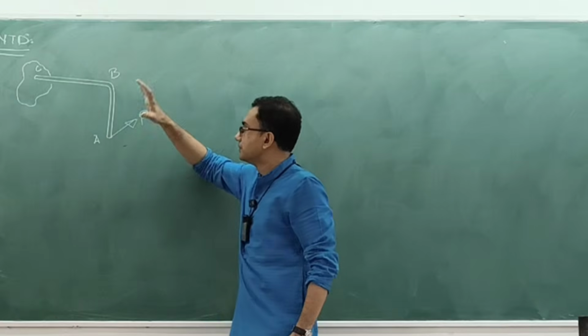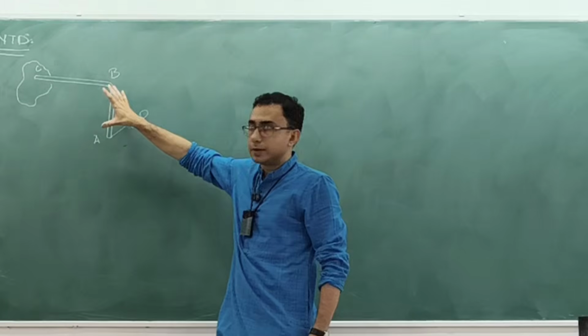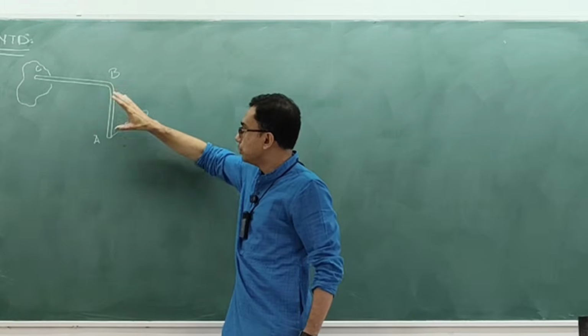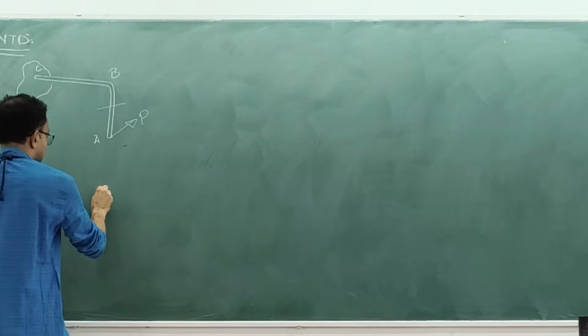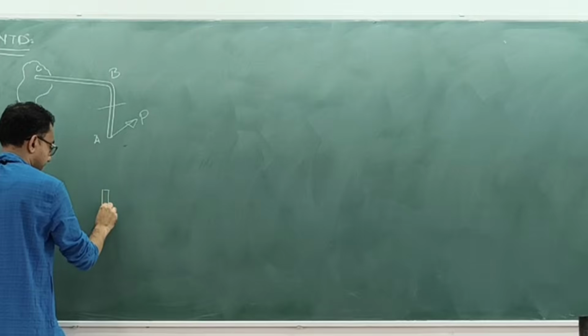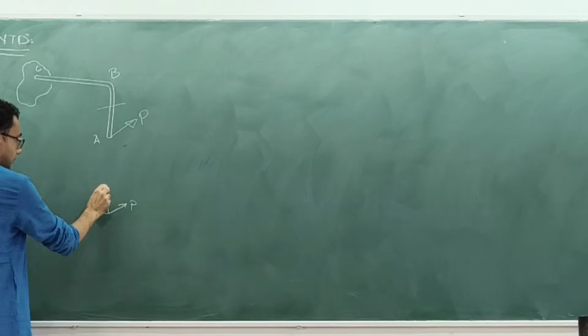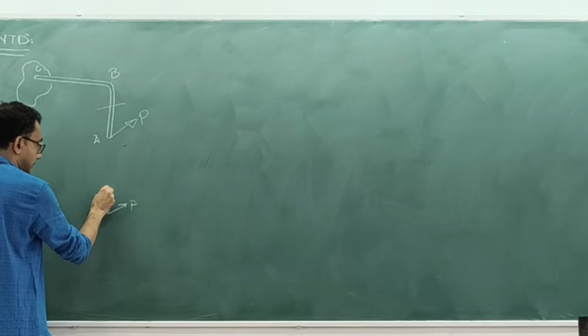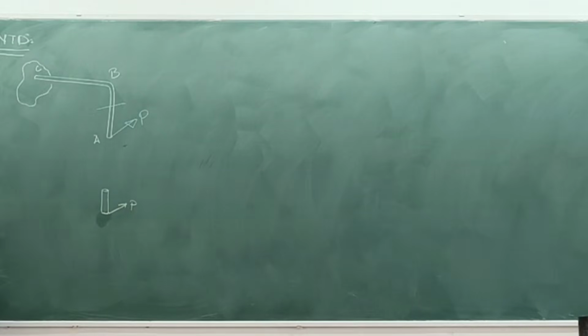It's almost entertaining. So from A to B, what is happening? Forget about everything else. From A to B, suppose I take a cut section somewhere here, and I expose this little bit. This force is here. This is almost like a cantilever beam.